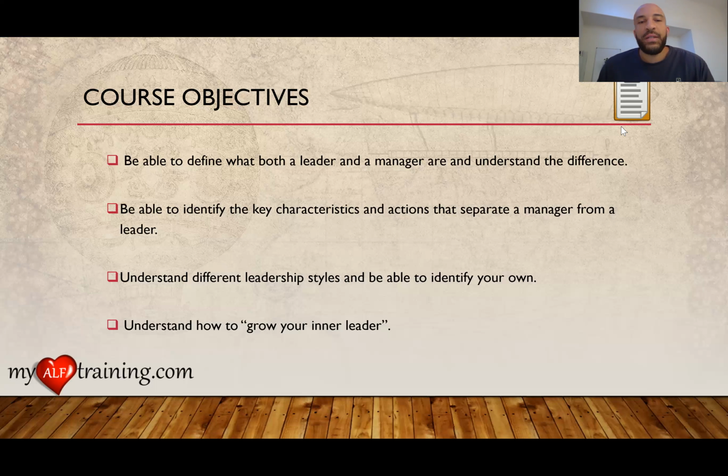And becoming a leader is just a process of figuring out what type of plant you are, what type of leader you are, and how to grow that plant, or your leadership, the leader in you. So we'll talk a little bit about that. Some things you can do to grow your leader after you've identified your leadership style that was best suited for you and your group.